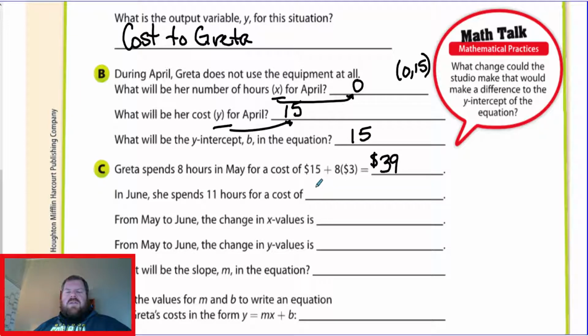In June, she spends 11 hours, so to calculate that, it's going to be 15 plus, sorry, 15 plus 11 times 3. 11 times 3 is 33. 33 plus 15 is 48.